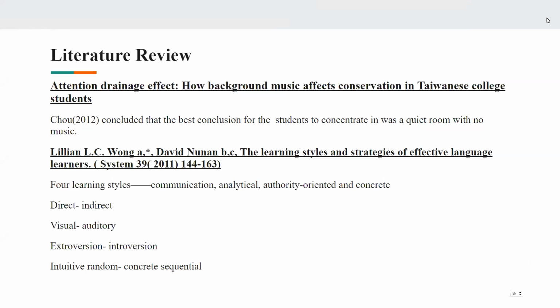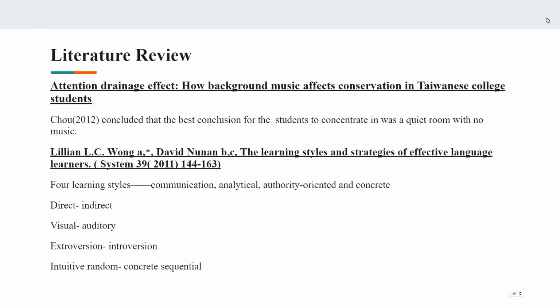Sorry. And I'm going to introduce some literature reviews for you on our topic. I just picked some relatively important articles and made some summaries, and the key points are on the PPT. The first reference is called Attention Drainage Effect: How Background Music Affects Concentration in Taiwan College Students. The professor in the article concluded that the best condition for students to concentrate in was a quiet room with no music, which also helped us find out whether music can promote students' efficiency when they are studying.